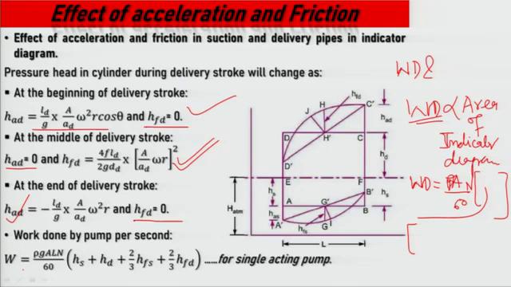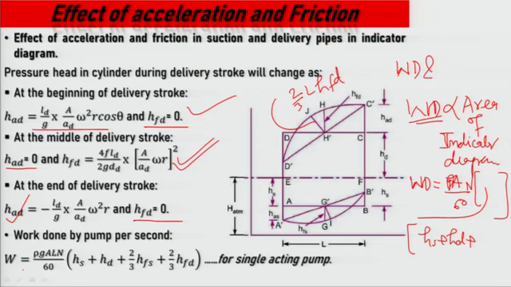The area is hs plus hd into L, again the area of the two parabolas. What is the area of a parabola? 2 by 3, 2 by 3 L hfd.